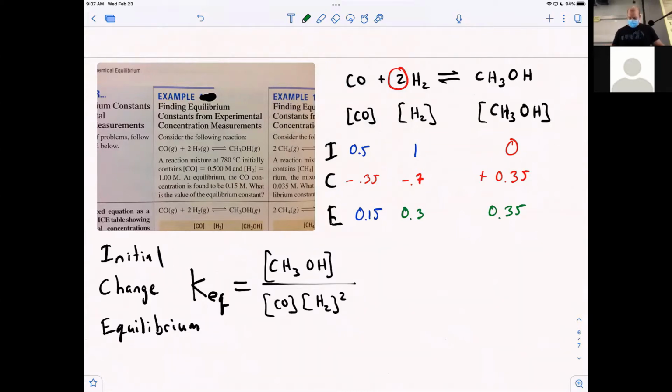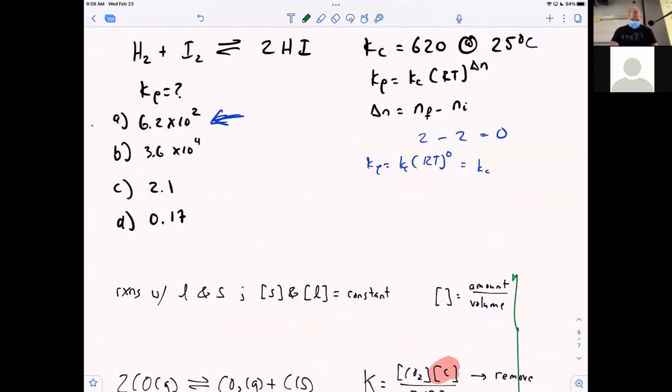Now we have these values, and we can plug them in. The equilibrium constant then is products, 0.35, over reactants, 0.15 times 0.3 squared for hydrogen. And if you put that in your handy dandy calculator, you get... why did that just disappear?